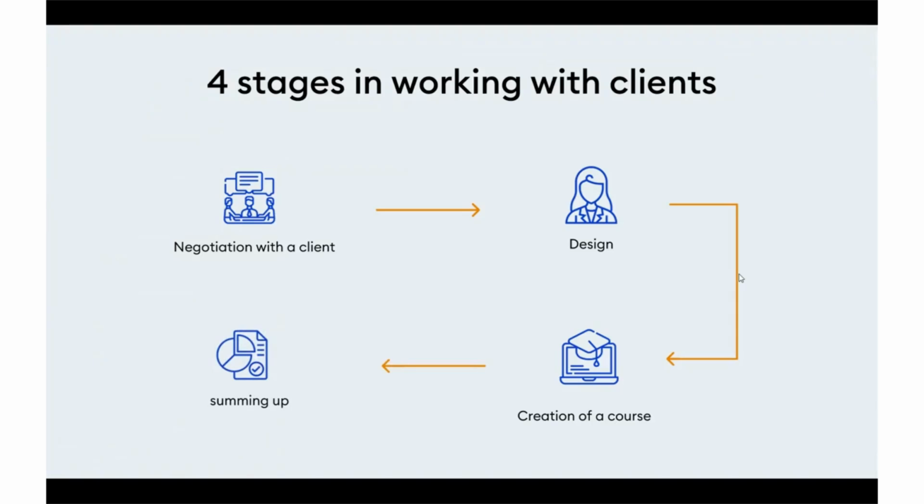And the fourth stage is summing up. This involves reviewing and evaluating the success of the course. So today we will focus in detail on the first stage. Let's see on our next slide how this usually works and what issues it can involve.